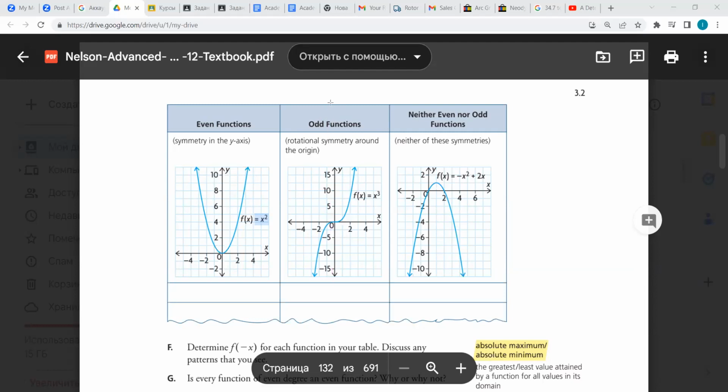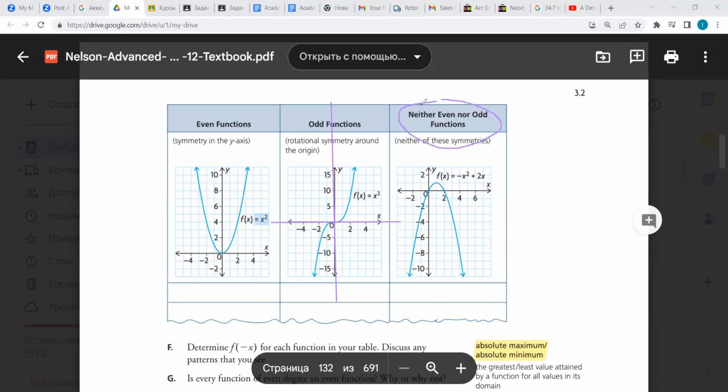If you make y and x mirrors here, the rotational symmetry would basically mean that you flip the graph over the y-axis and over the x-axis, or over the x-axis first and then over the y-axis. So this is how every odd function will look.